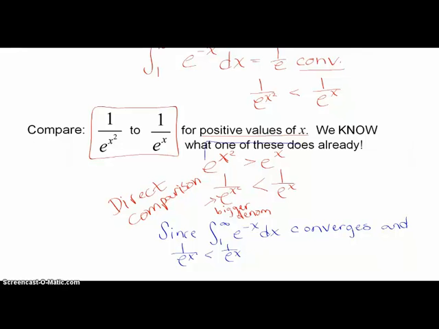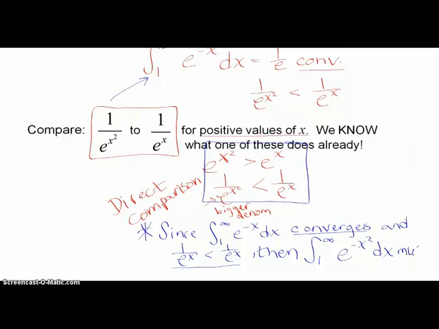Now understand something, this already has to be on your paper. You can't just go directly here. Look how much happened in your head. Anything that happens in your head has to be on paper. This has to be there as well. So since we've established for the AP Reader that we know this is true, that this integral converges, and that the relationship between those two functions is this, then the integral in question, the one that they're asking us about, must also converge.